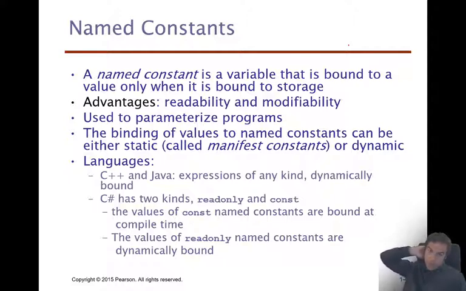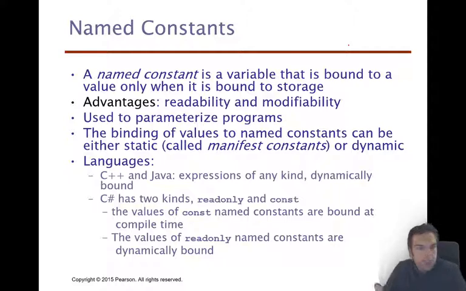Now, you can either statically associate a value with a constant, and they call these manifest constants. That would mean that the name gets this value sometime before runtime. The beauty of this is that your compiler can actually go back and find and replace. Wherever you use the name red, it can just paste in a 1 or a 2 or whatever the enumeration value for red would be.